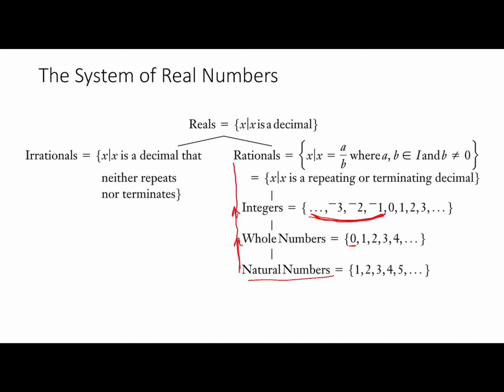And then the rational numbers were composed of ratios or fractions where the numerator and denominator came from the integers. Okay, the reals is the rationals together with the irrationals. All right, so this is just a summary of what we've done this semester.